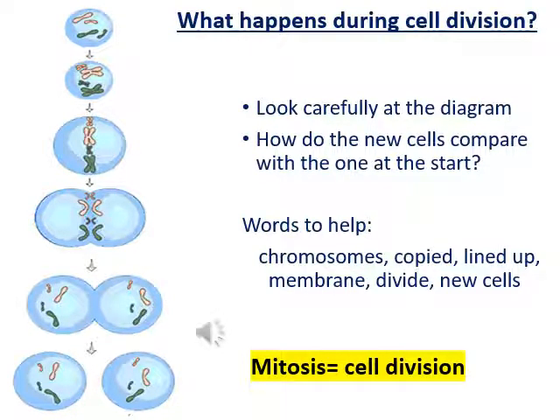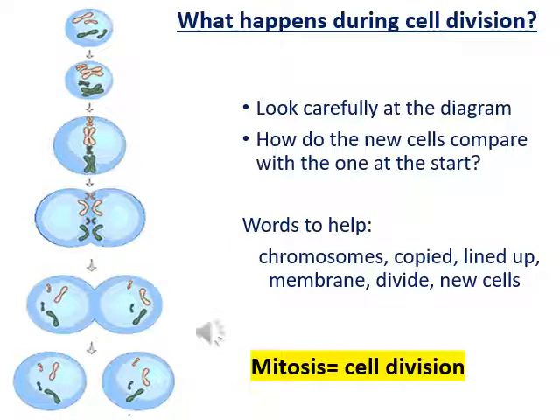Okay, so on this slide I want you to have a look at that diagram on the left, and inside the diagram you can see those different colour blobs, or chromosomes is what they are. We can see that in the second cell down from the top they look like the X's that I mentioned earlier, but in the top cell they don't look like the X's, and this is because they are split apart.